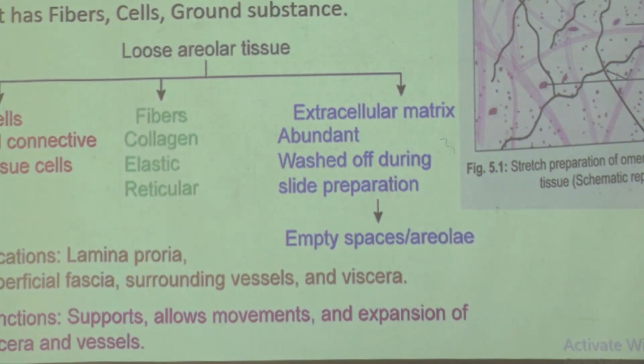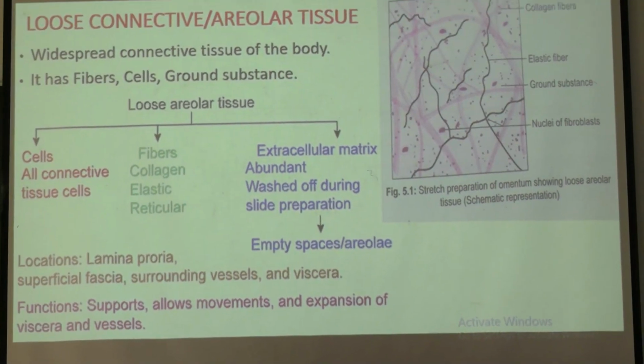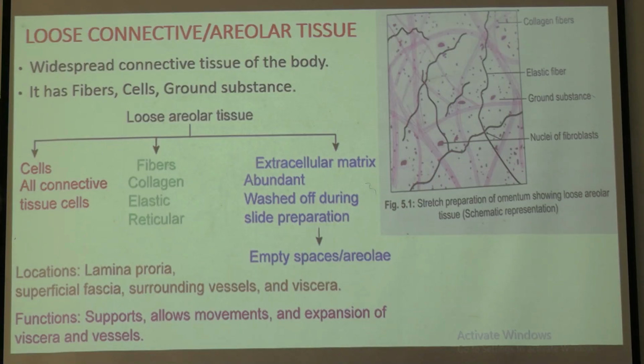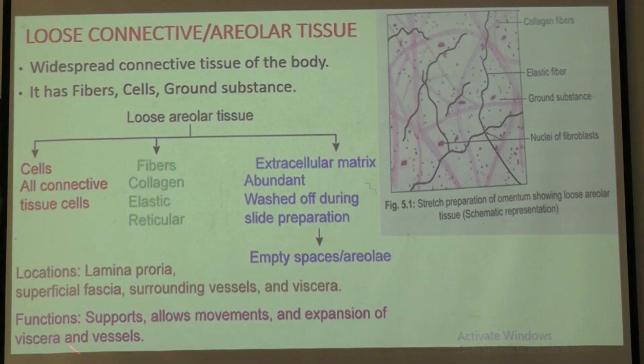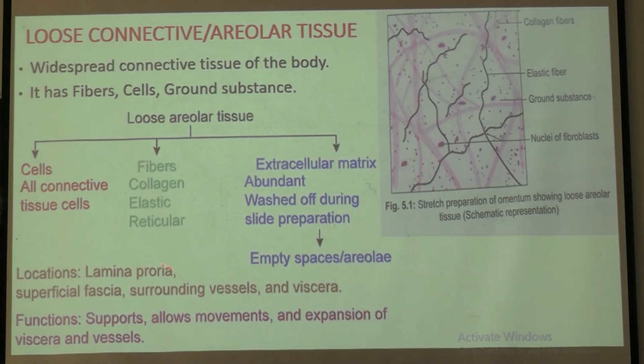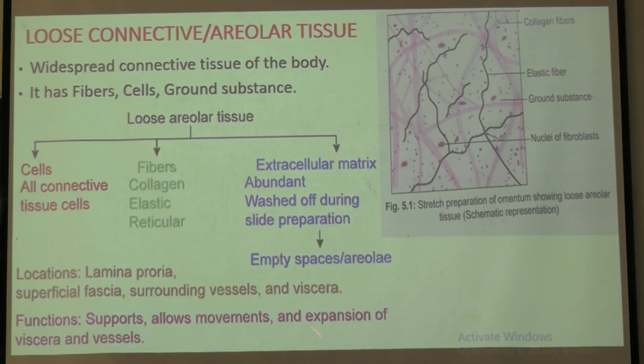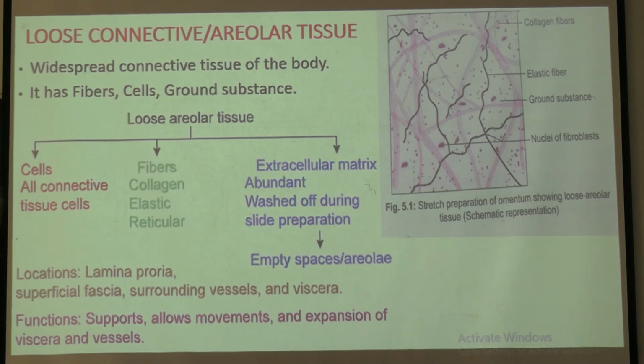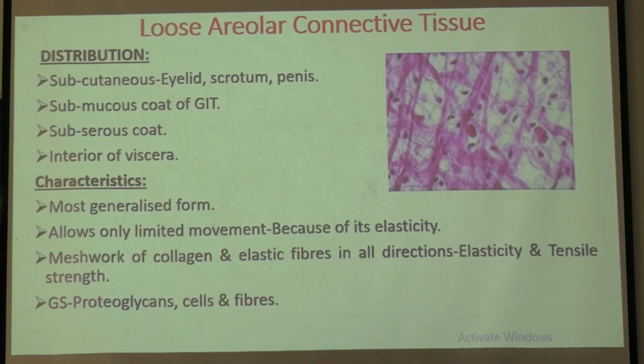Next, in different viscera, loose connective tissues are present, like in the stroma of the ovary. What are the functions of loose connective tissue? It supports, and allows movement and expansion of the viscera and the vessels. What is the distribution?